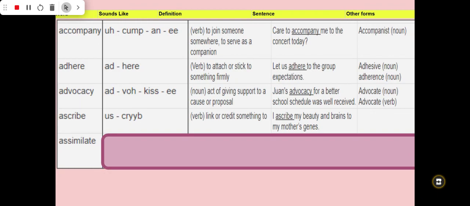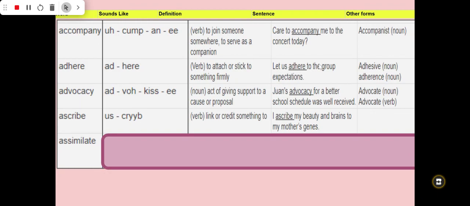A noun would be an advocate. Juan was an advocate. He was a supporter. What he was doing was to advocate. Juan chose to advocate. And that's an action. Notice how they're spelled the same, but I pronounce them differently. Advocate, the person; advocate, the action.